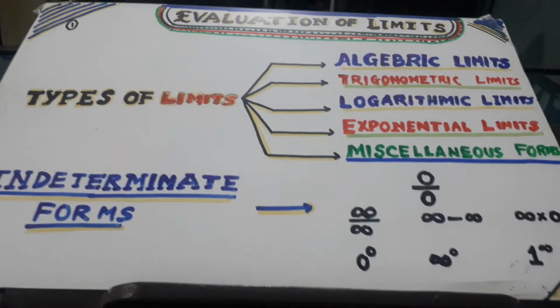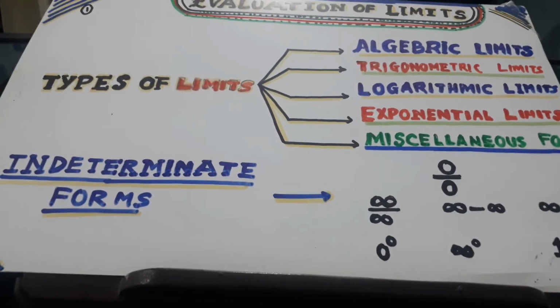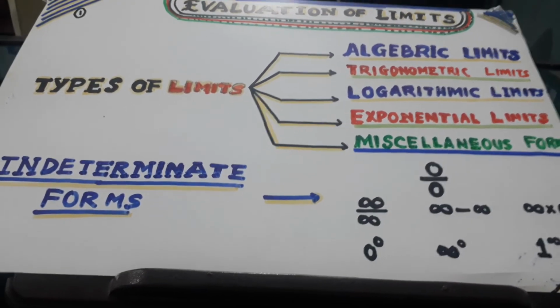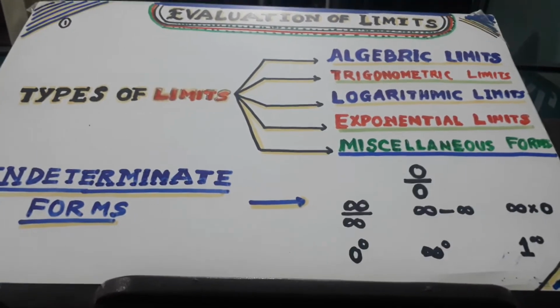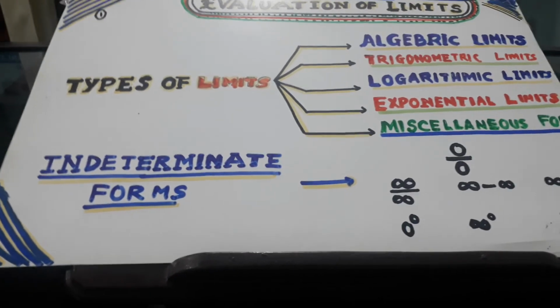There are 2 I's: 2 things about continuity. And there's 1 M. M stands for derivatives, the slope of the tangent. So I hope you have understood it.